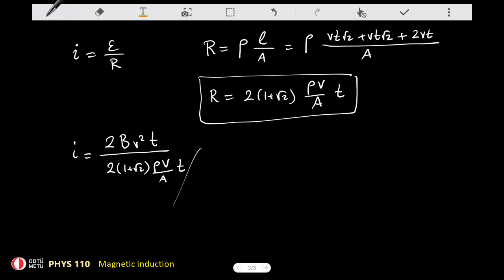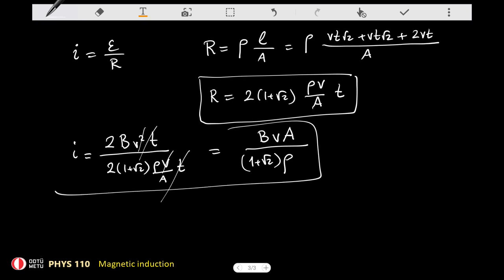So the t's go away, and one of the speeds goes away. As a result we get B times V times the cross-sectional area of the wires, divided by 1 plus root 2 times the resistivity. Therefore the current is a constant. That's inside the box.